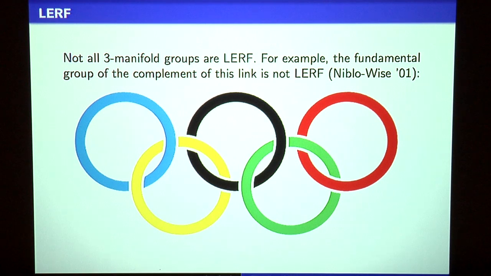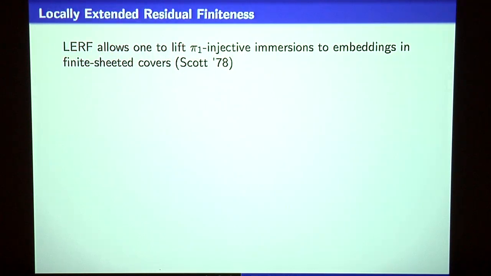Actually, the example here goes back to, I think, Baumslag and Solitar, who came up with an example, and then it was generalized. So we can't hope to prove LERF for all three-manifold groups. Nevertheless, we can try to do it for certain classes of three-manifolds.